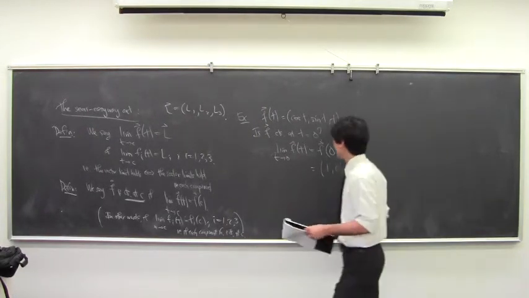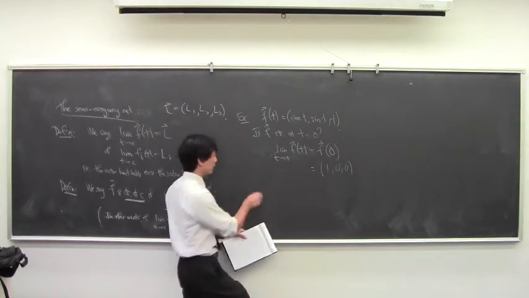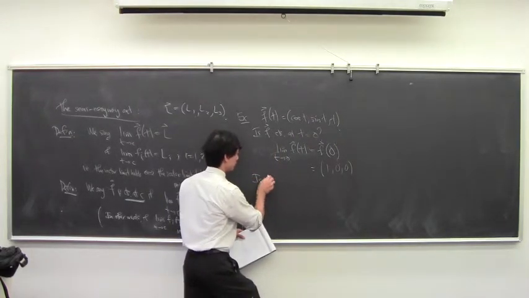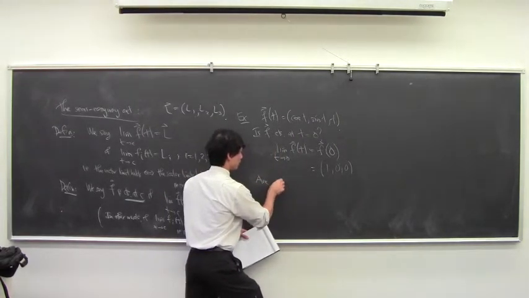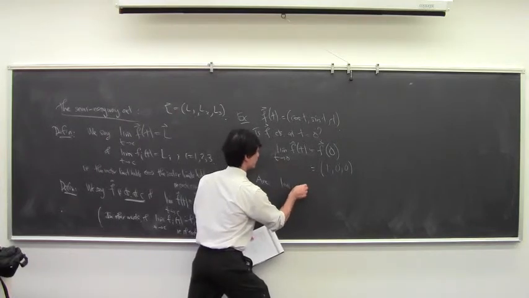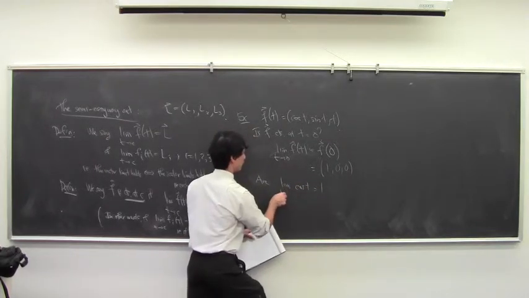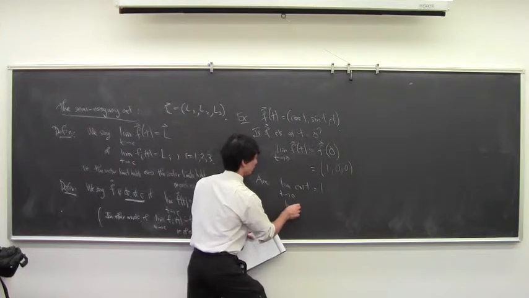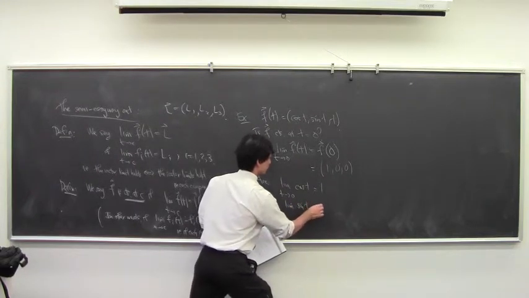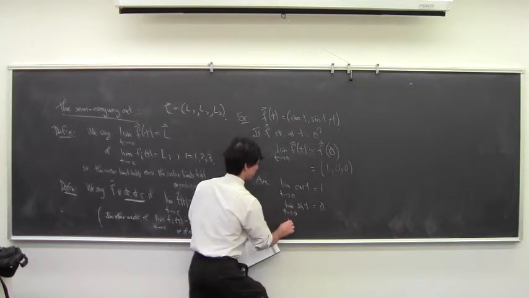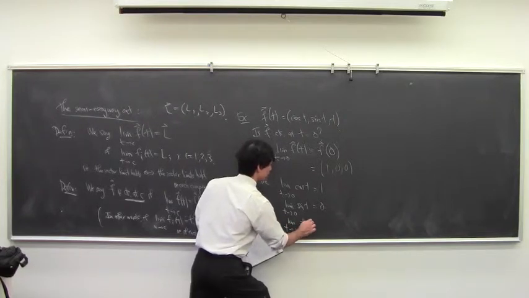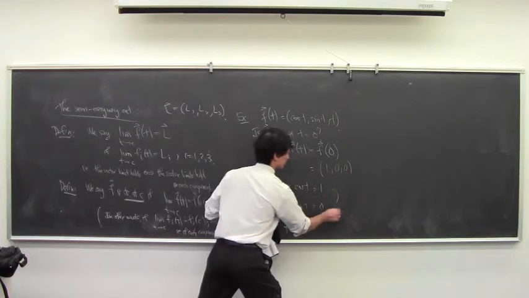So all we're asking is: the limit of the first component, 1 as t approaches 0; the limit of the second component, 0 as t approaches 0; and the limit of the third component, 0 as t approaches 0.